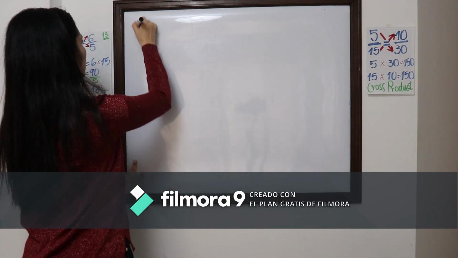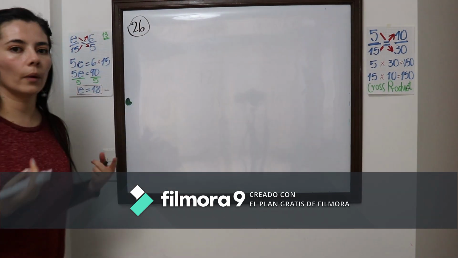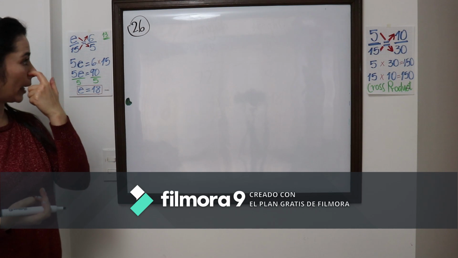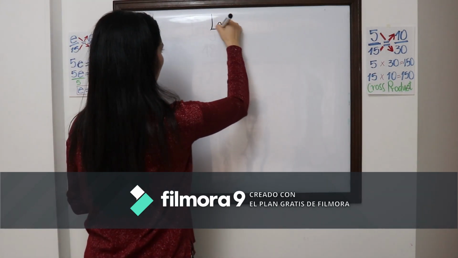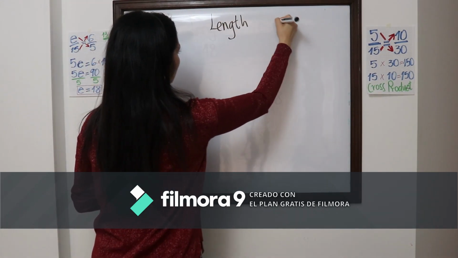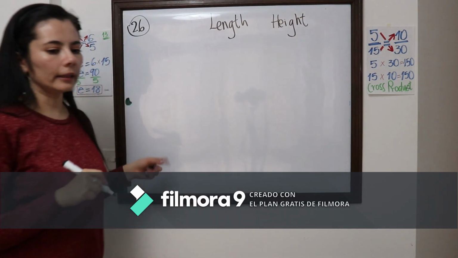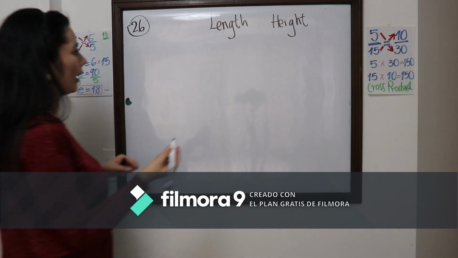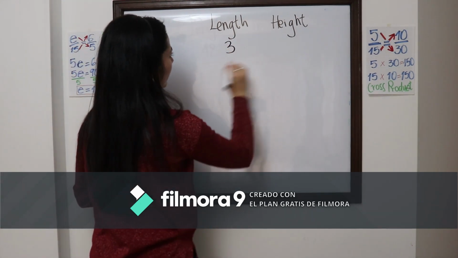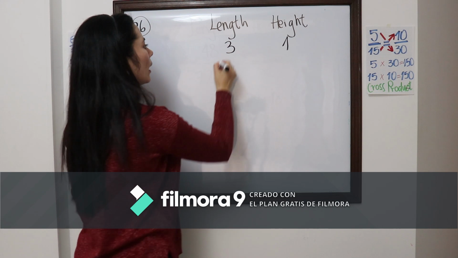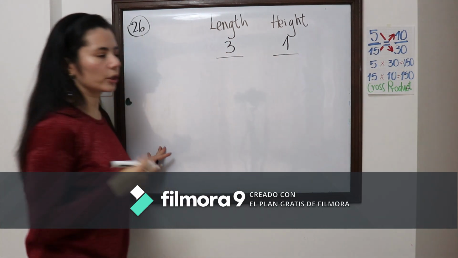So in number 26, what we're going to be working with is, again, the data we have, which is length, right, and height, right? And then they tell us that the length is going to be 3, and then the height is going to be 1 for the toy, actually.